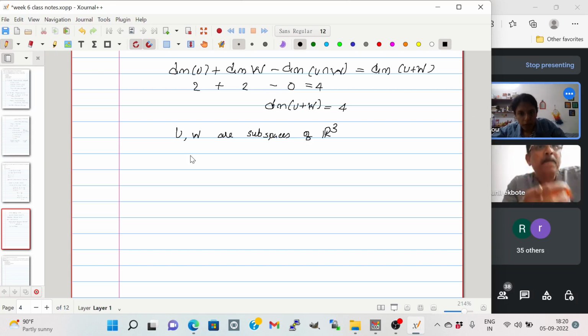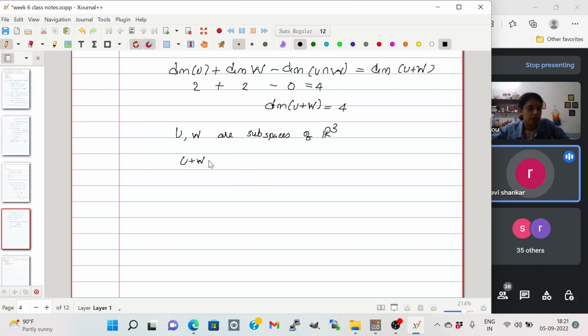So what about U plus W? Will it be a subspace? Whether U plus W will be a subspace or not? No, U plus W will be a subspace always, because U plus W is the set of all u plus w.